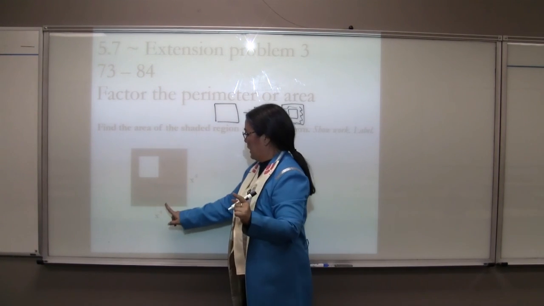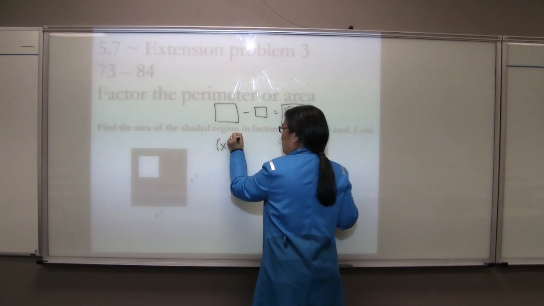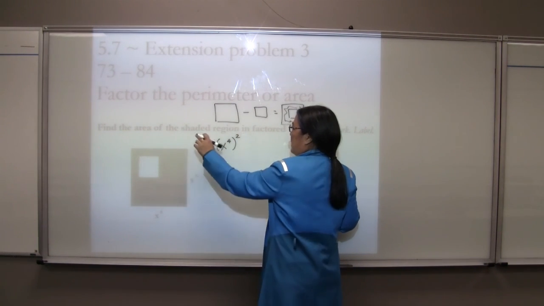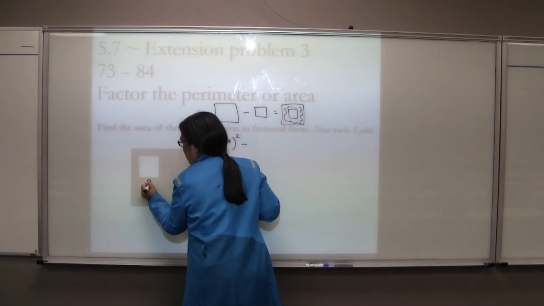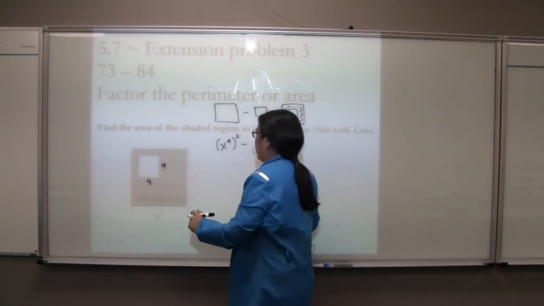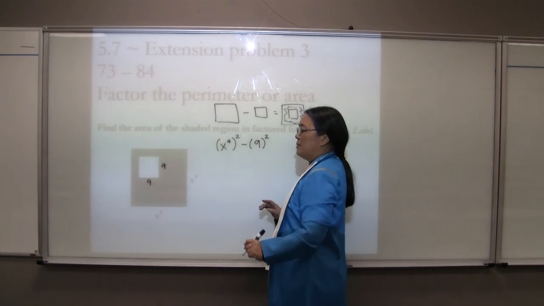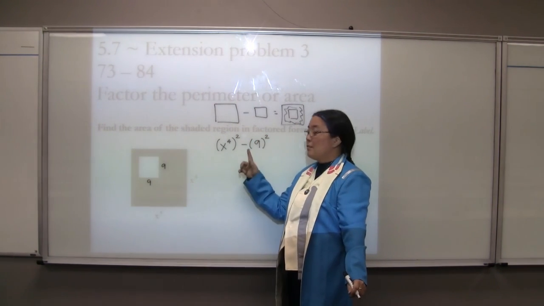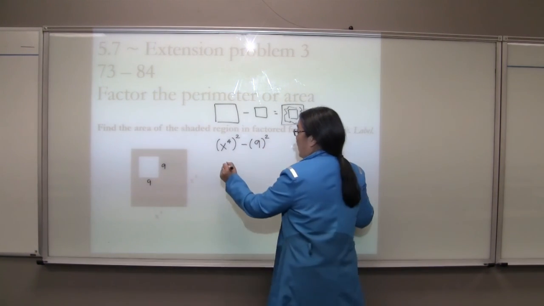The big picture, length times width, is x to the 4th, but you'll see that that got squared because they're exactly the same. And we have to subtract out the little picture. It's a little hard to read without using your lecture notes. Those are 9s, so this is 9 squared. And I don't know if you remember, but this is a difference of squares. A difference of squares means we can factor that.